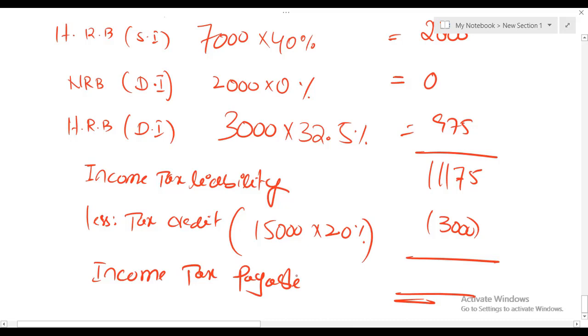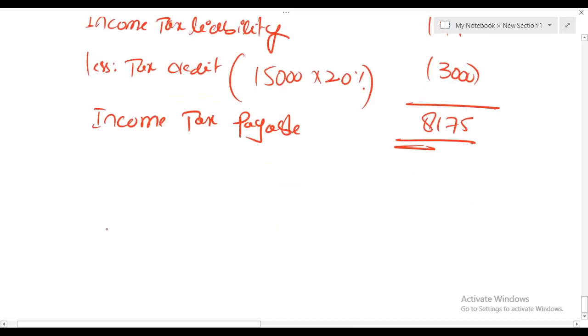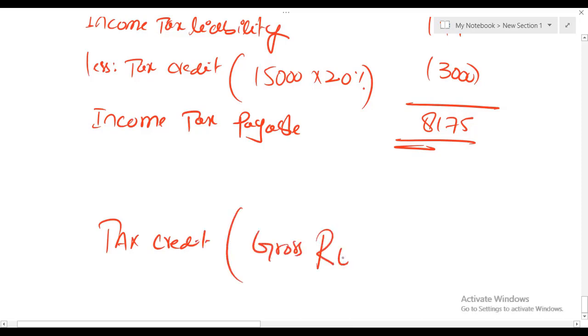So your income tax payable is 8,175. So how do we calculate tax credit? Let me make a formula for you. Tax credit is gross real estate investment trust amount into 20%.